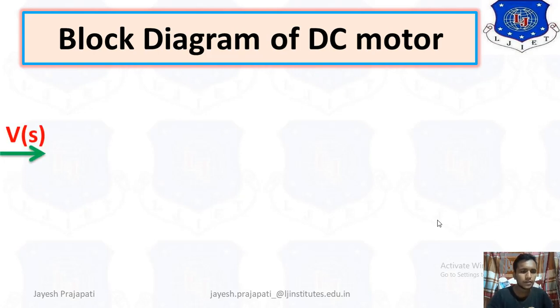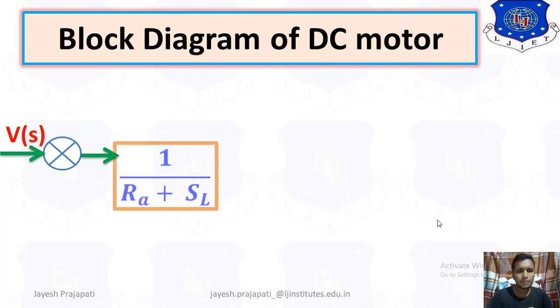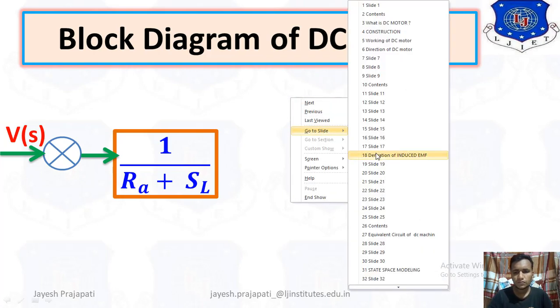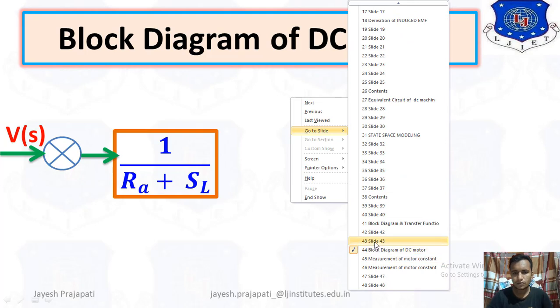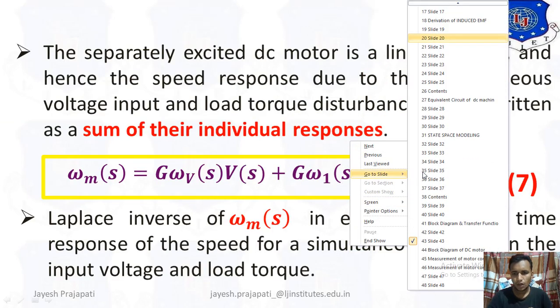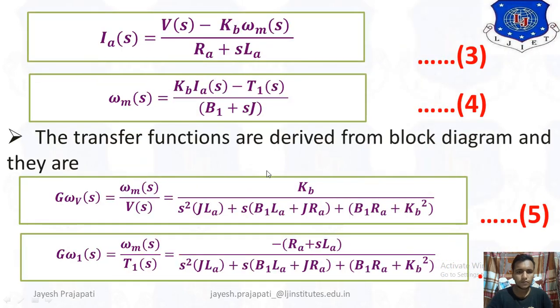First, the input voltage Vs, then we use a summing point, then 1 by (RA plus S LA). You can see that it comes from this equation.